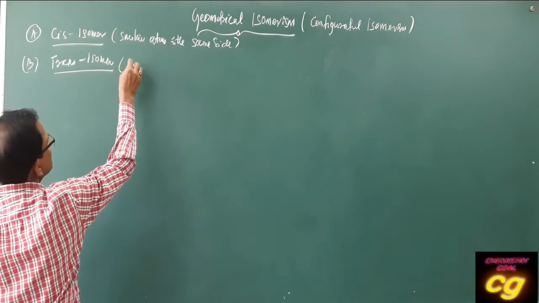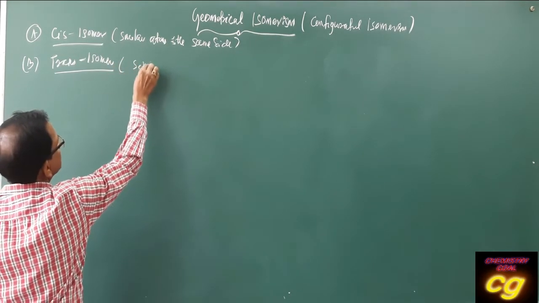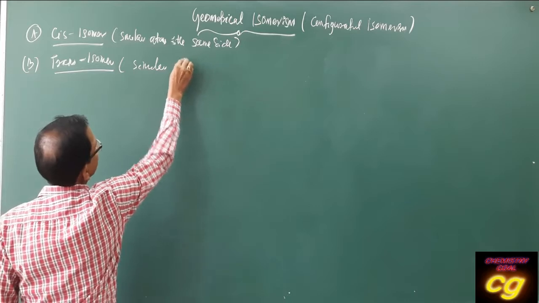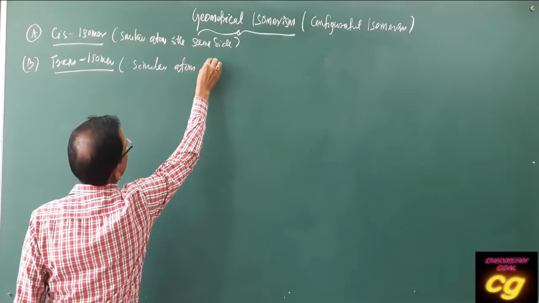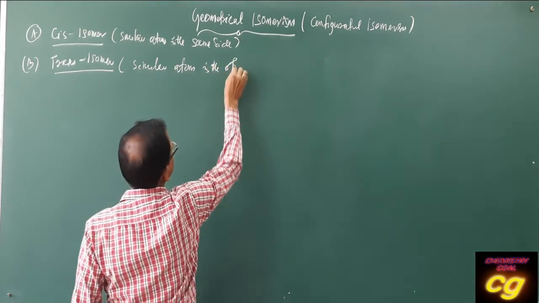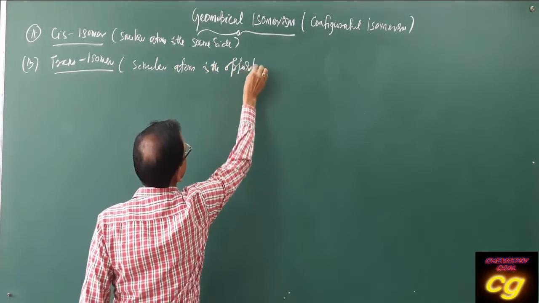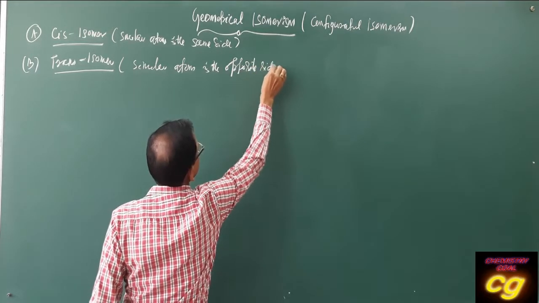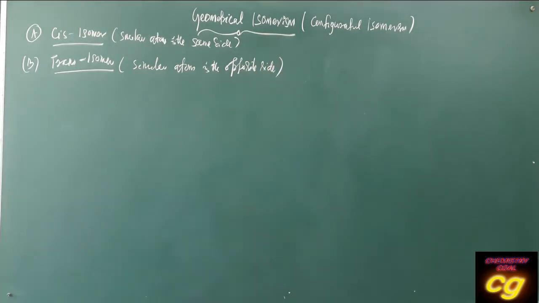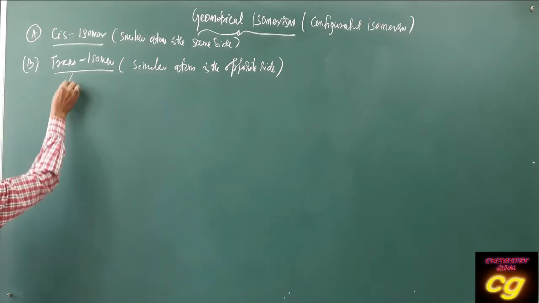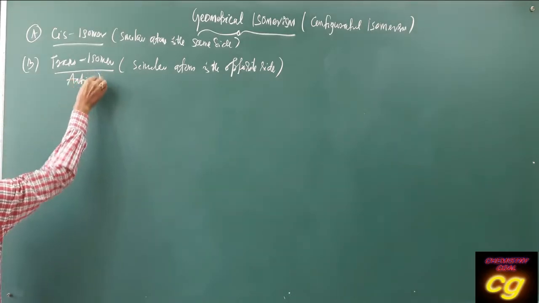Trans isomer means similar atoms are on the opposite side. Opposite side, that is called trans. The trans isomer is also called the anti isomer.